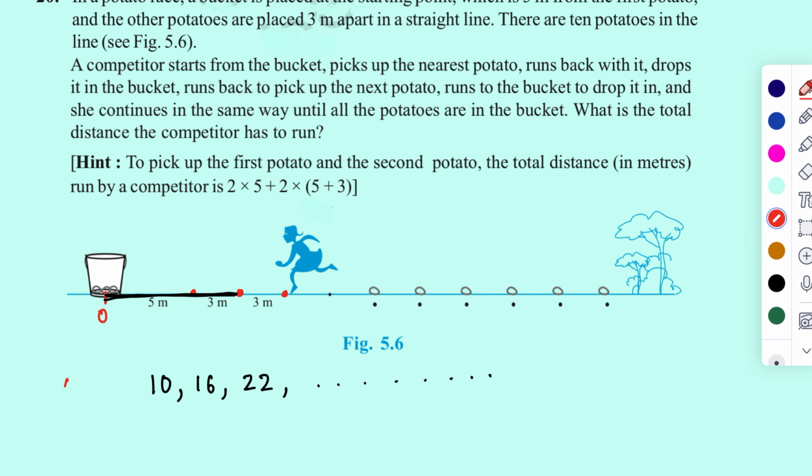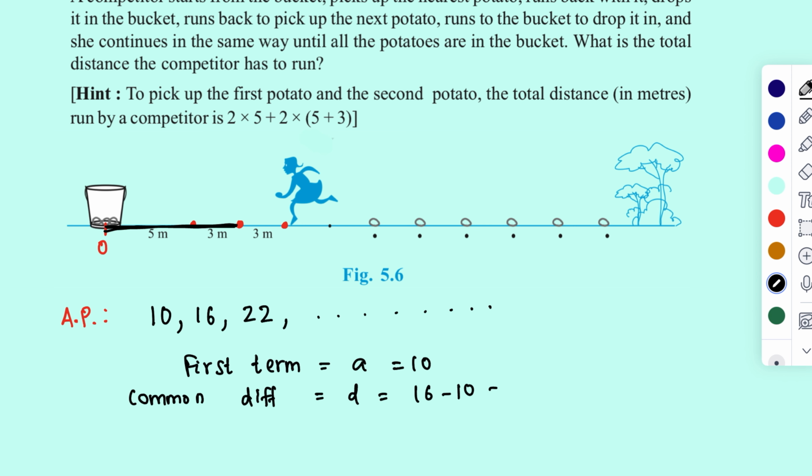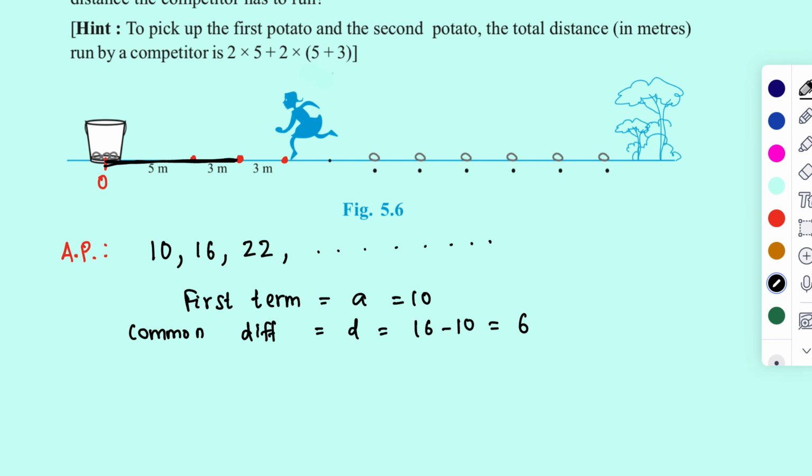So it will form an arithmetic progression. And for this arithmetic progression, the first term is equal to 10, and the common difference will be equal to 16 minus 10, which is equal to 6, and the number of times he or she has to travel will be equal to the number of potatoes.